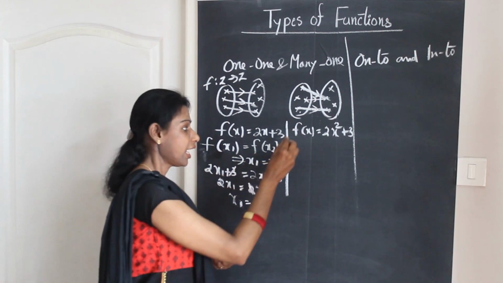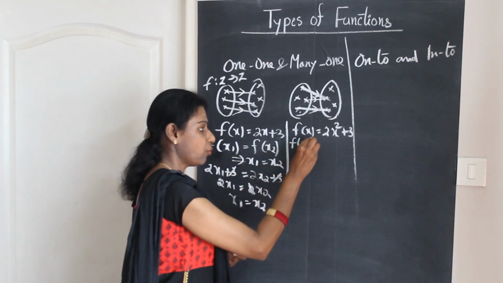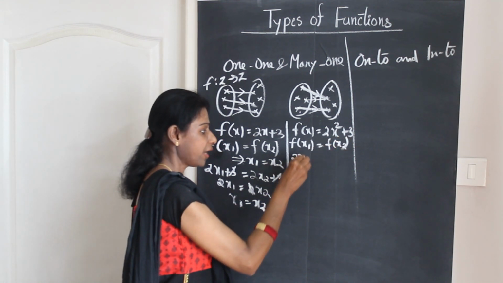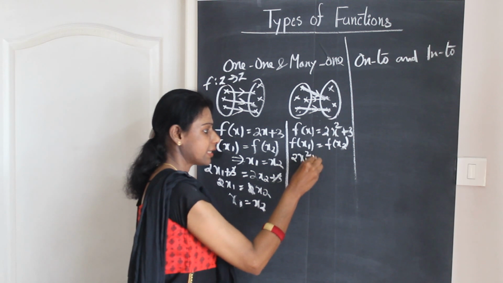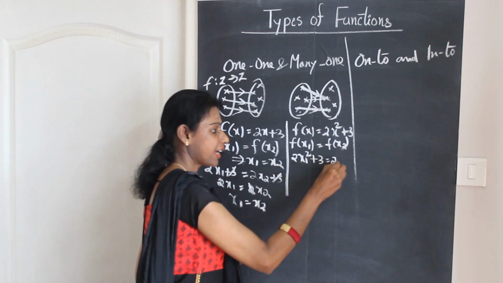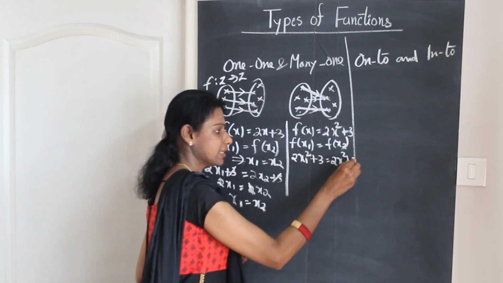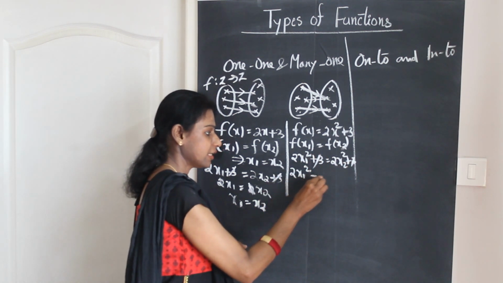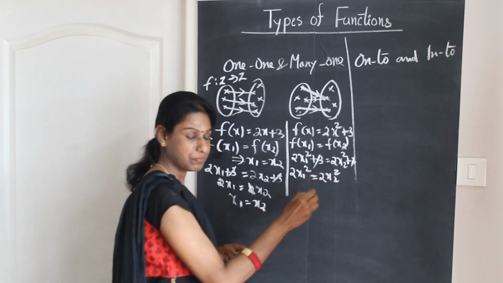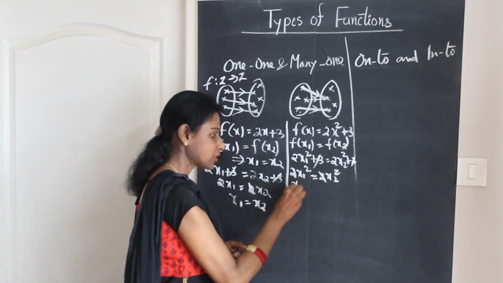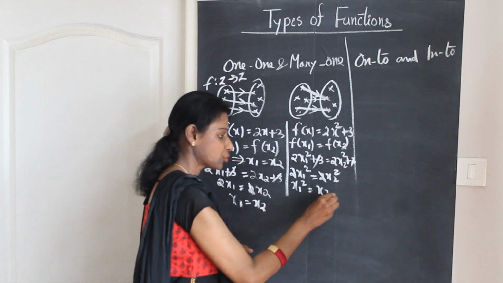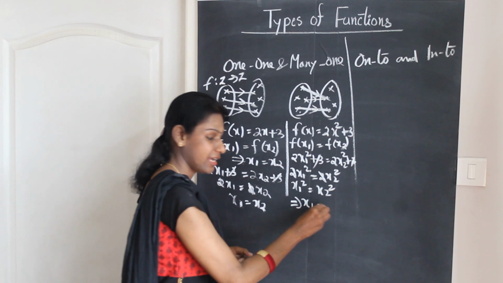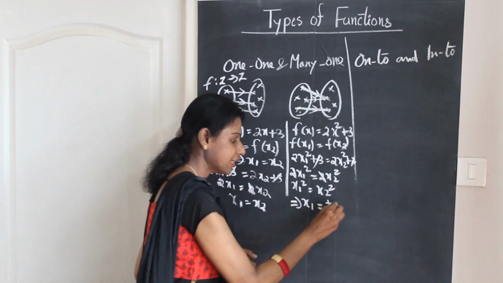Now just check, f of x1 is equal to f of x2 implies 2x1 square plus 3 is equal to 2x2 square plus 3. Again 3 cancels, you get 2x1 square is equal to 2x2 square. That means x1 square is equal to x2 square. That implies x1 is equal to plus or minus x2.